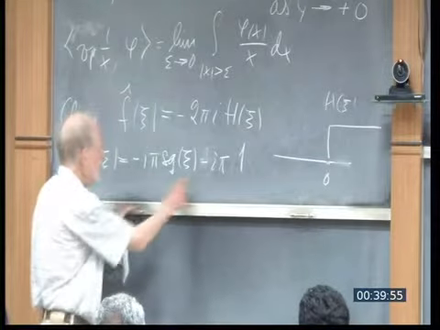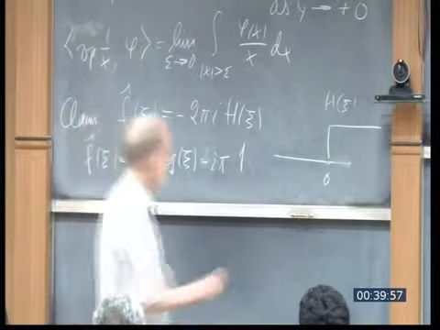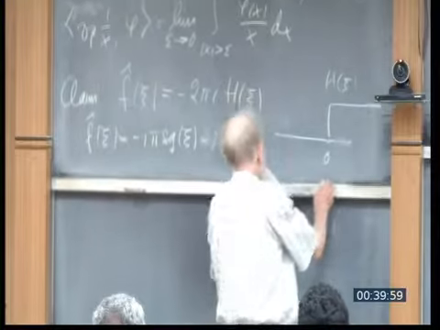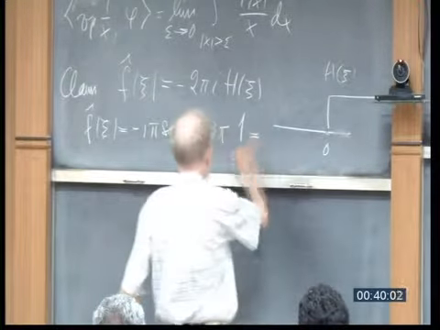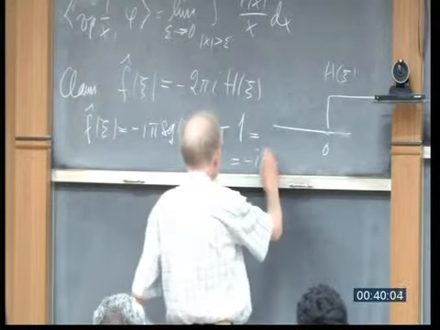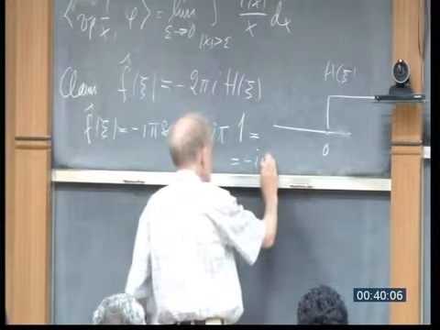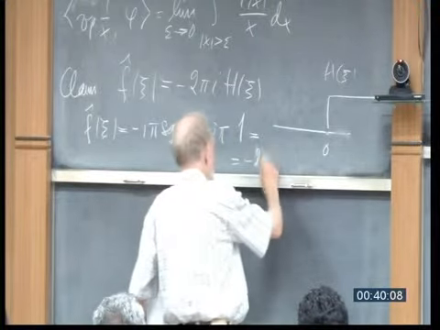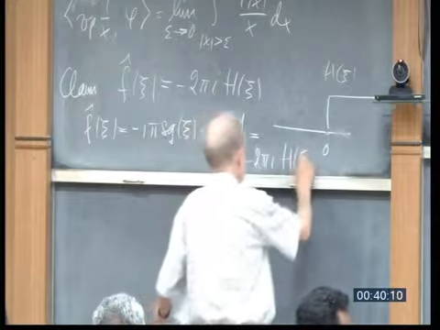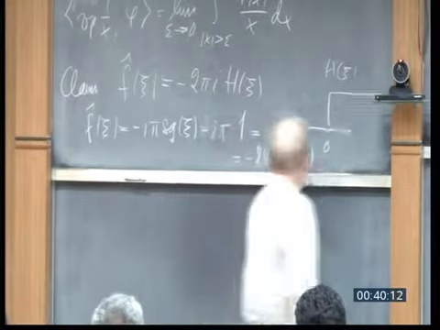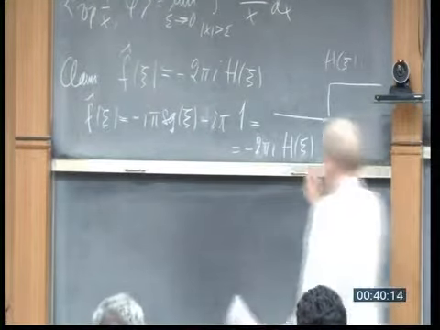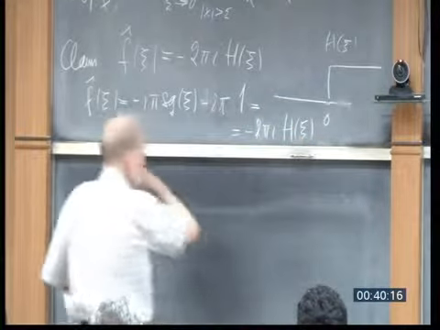These two cancel for negative c. So we get that the Fourier transform is minus i pi times 2, minus 2 pi i times the Heaviside function. So now it's an exercise that I need to do to verify that.